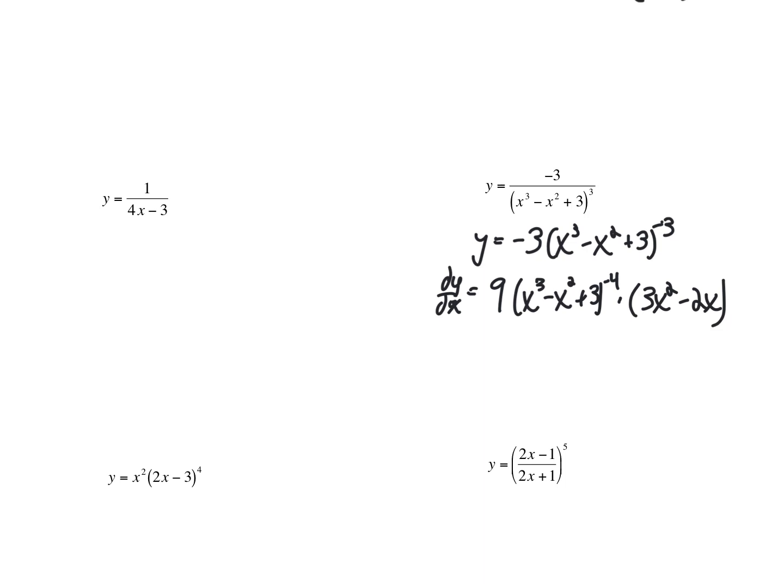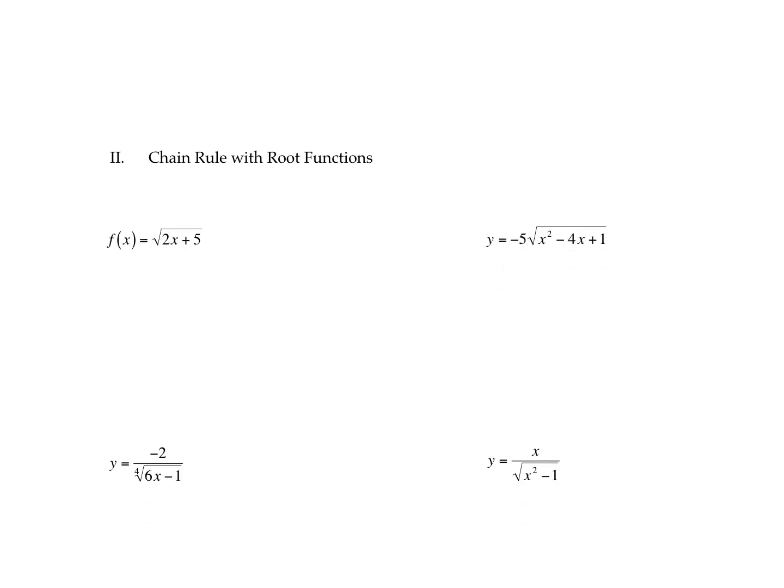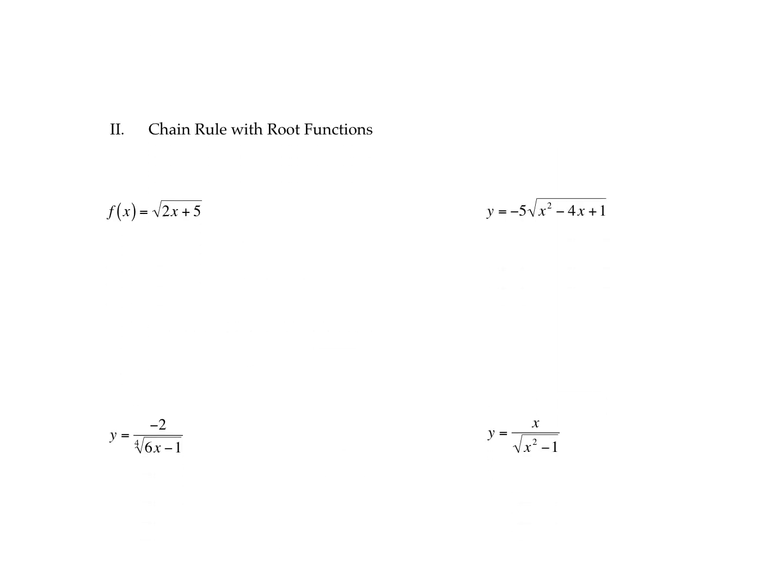All right, let's go on to the next type of problem you might see: chain rule with root functions. So let's take a look at the second one, y equals negative 5 times the square root of x squared minus 4x plus 1. First thing I'm going to do is rewrite it so that I actually have some exponents. So negative 5 times x squared minus 4x plus 1, all to the 1/2.